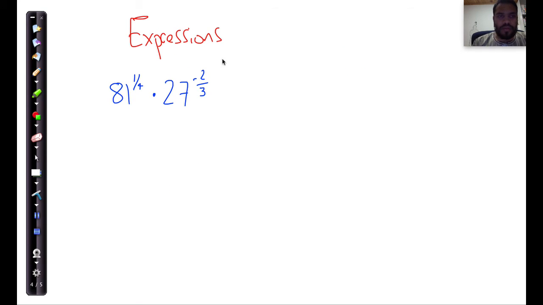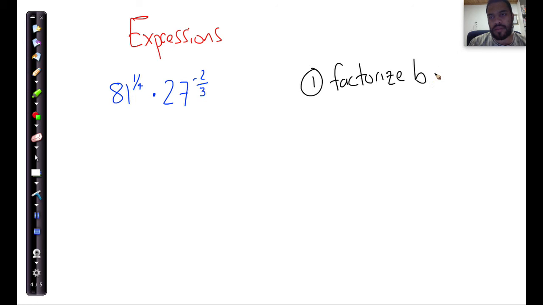The rules say number one is I need to factorize all the bases into prime factors.